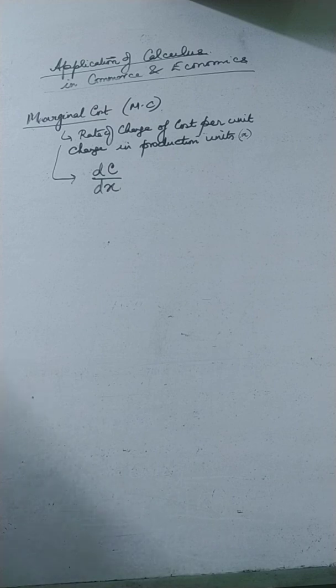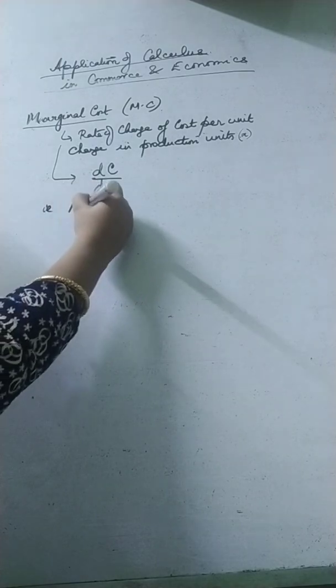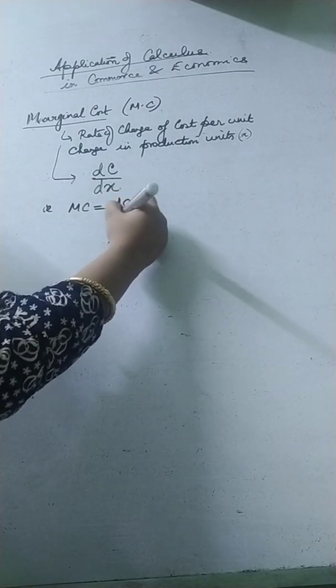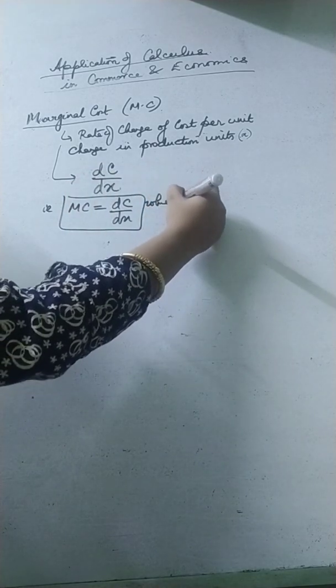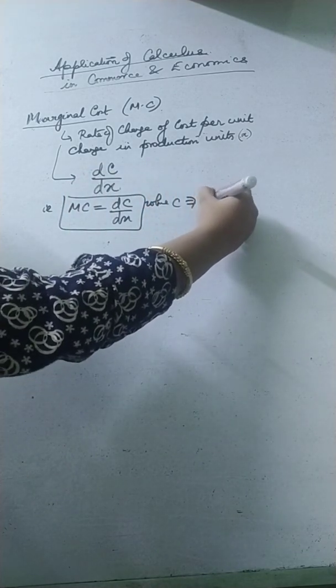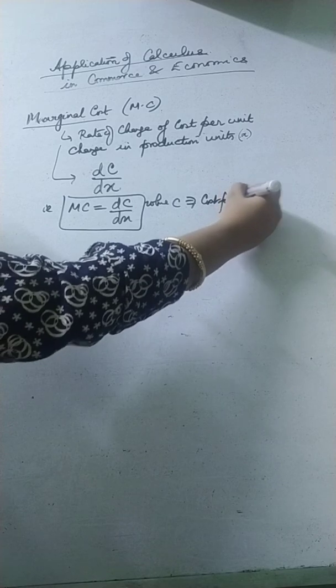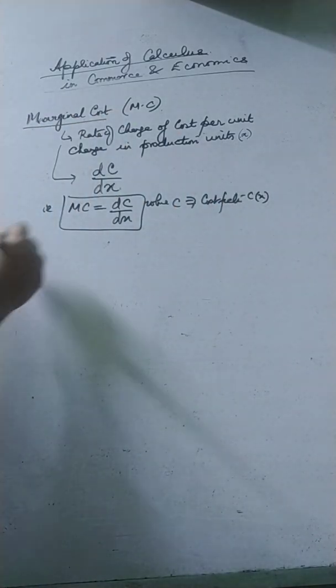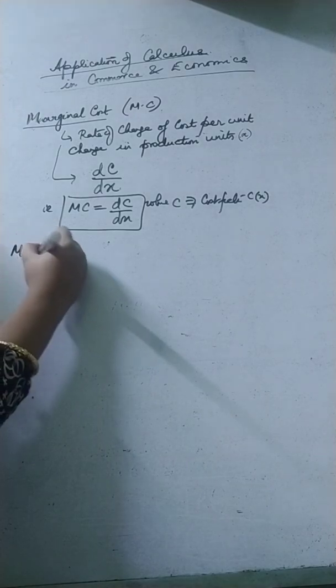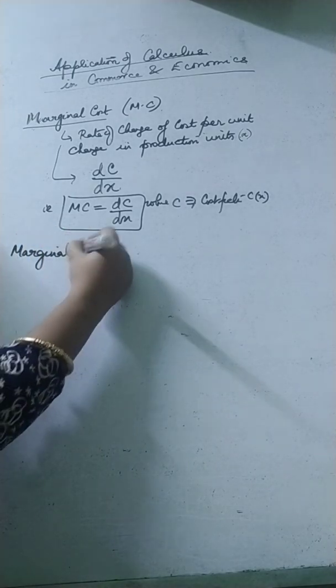You can write it separately: MC is equal to dc dx, where C is nothing but the cost function Cx. I wrote in short C, that's all. Similarly, you have something called marginal revenue.